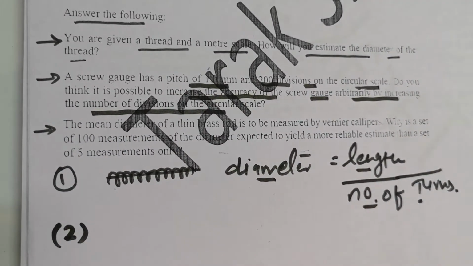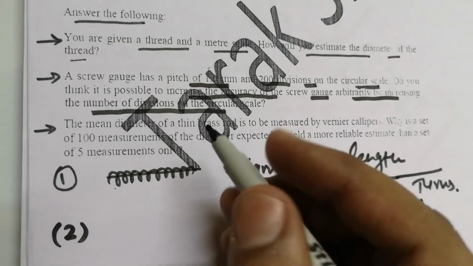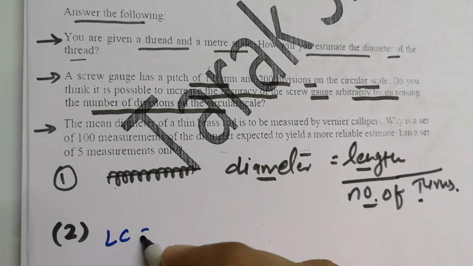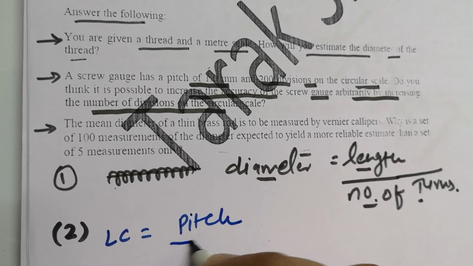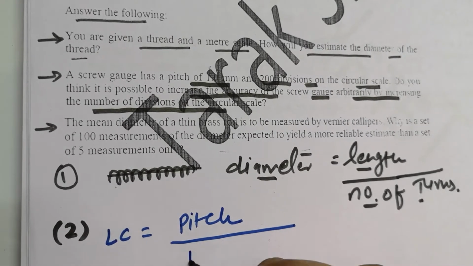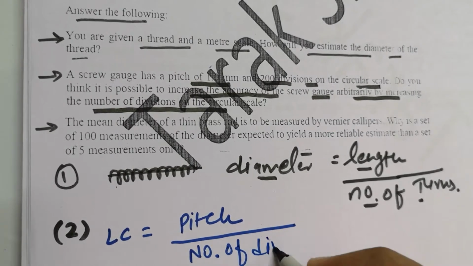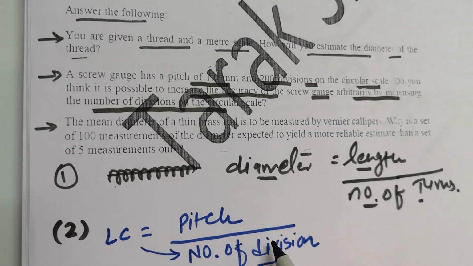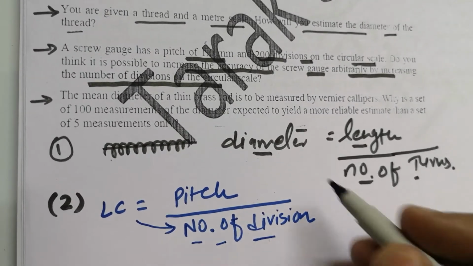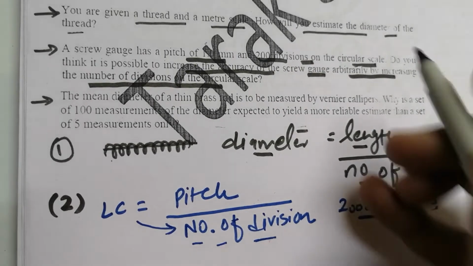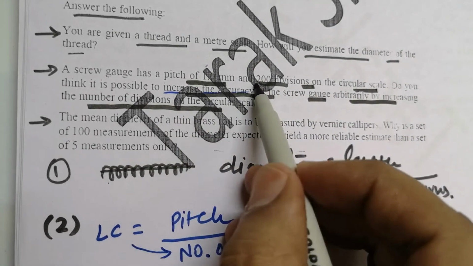First of all, for a possible increment in accuracy of the screw gauge, you are aware of the formula for the least count. In the last clip we discussed this formula. It is called the least count, LC, equal to pitch divided by number of divisions. You can directly observe that whenever the denominator is higher, your answer is lesser than 1. You have 200 divisions given here.